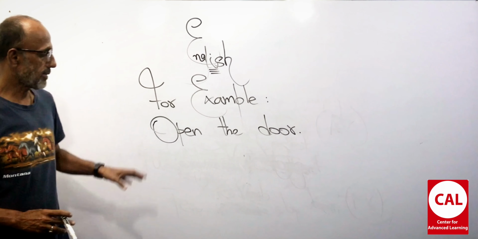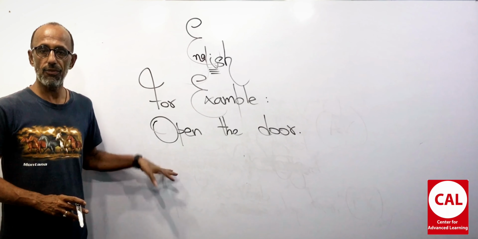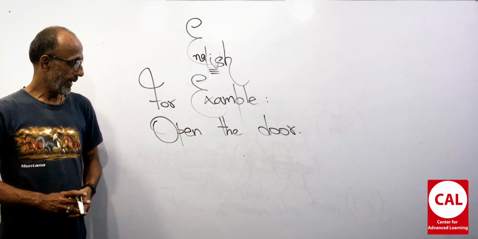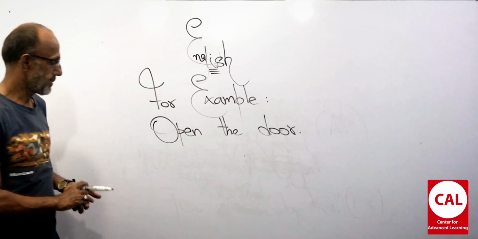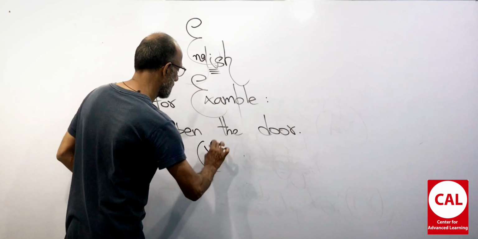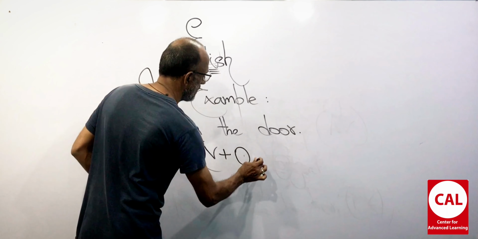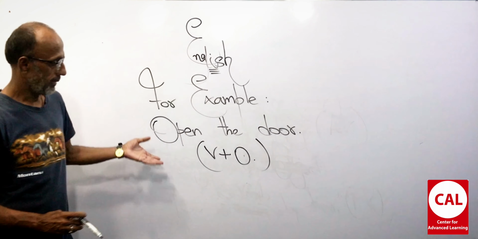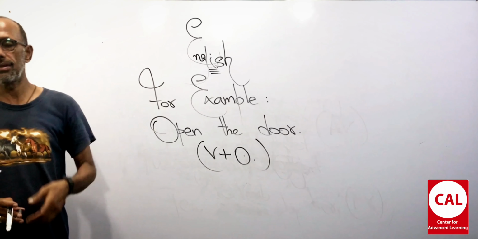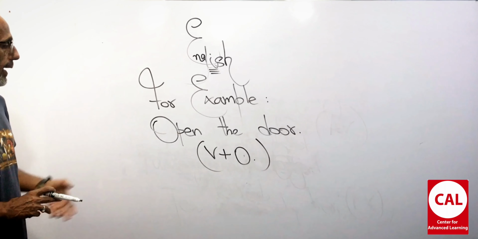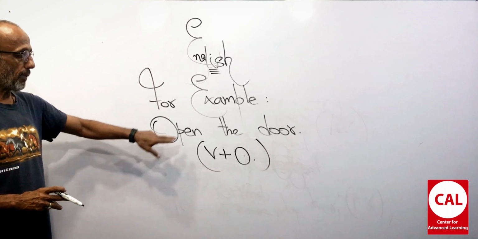This type of sentence is called imperative sentence, and we call it an order as well. In this case, there is no subject given there. The structure is verb plus object. These types of sentences are called imperative and without subject. Open the door.